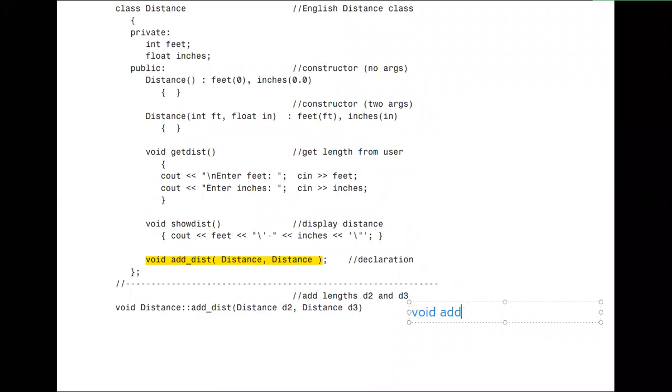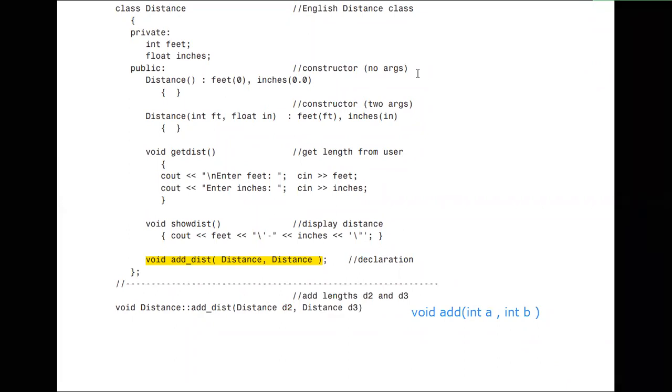A simple function that I showed in the last class. Let's assume integer a, integer b. That means the first parameter is a, the second one is b. In the same way we have declared two variables, distance d2, distance d3. So now these are our two variables.